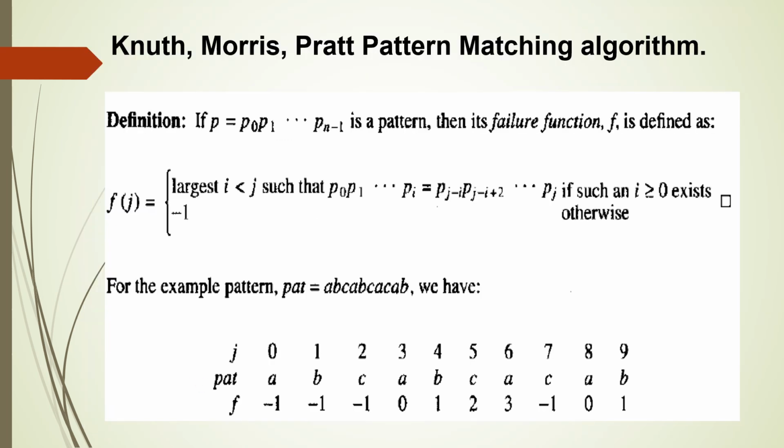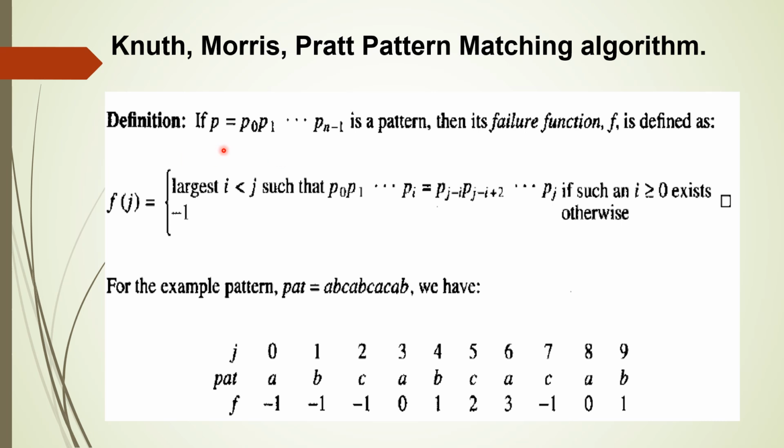The next pattern matching algorithm is the KMP string matching algorithm, the Knuth-Morris-Pratt pattern matching algorithm. Here also you have to pre-process the given pattern string and calculate the failure function by using this formula.